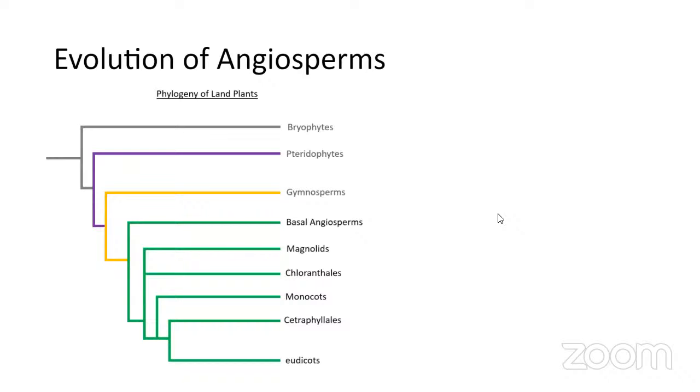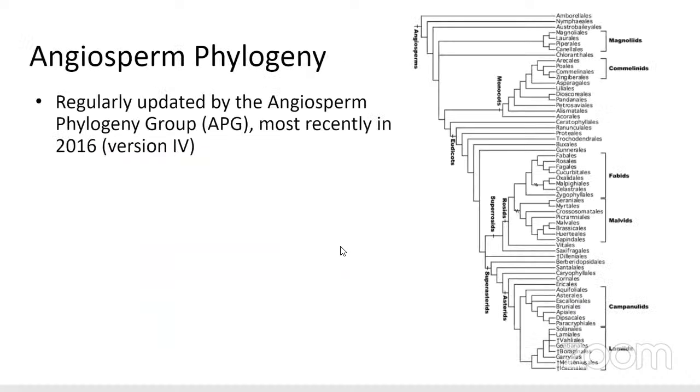So this is a reminder of where we are in the tree, right? So we have our mosses, our ferns, our gymnosperms, and everything in green is angiosperms, these flowering plants. Now, angiosperm phylogeny gets rearranged a lot.